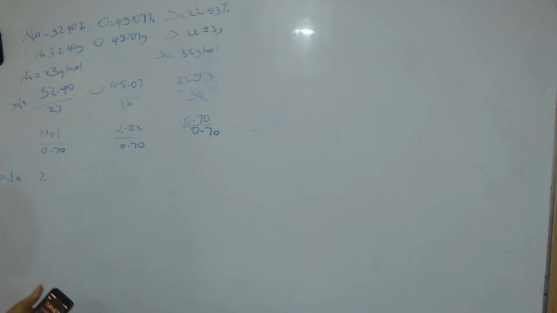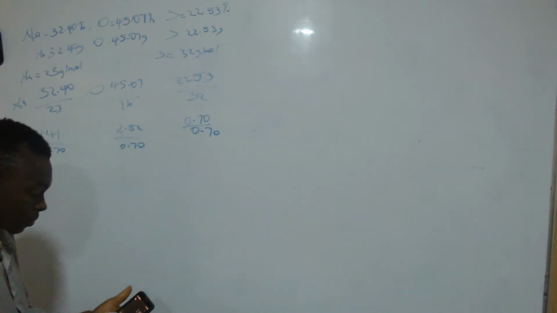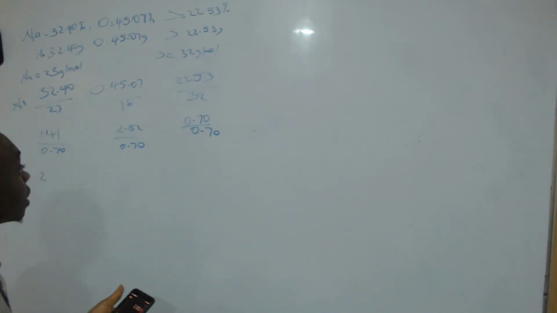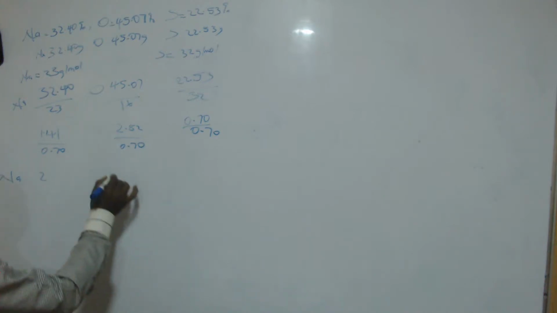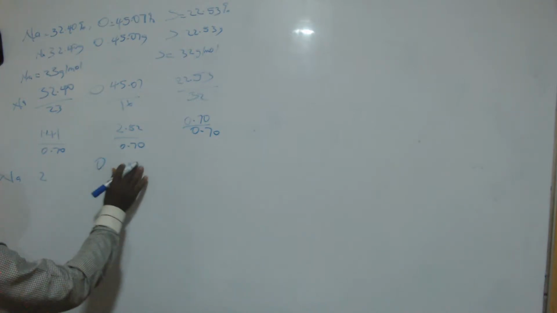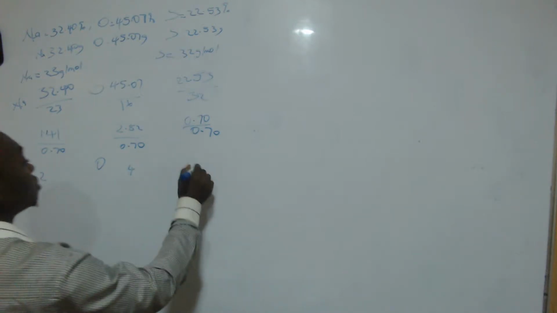You divide 2.82 by 0.70, we're getting 4. So your oxygen is 4. Sulfur divided, we're getting 1.